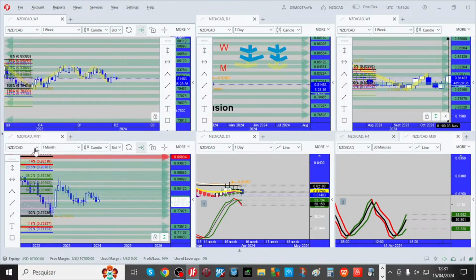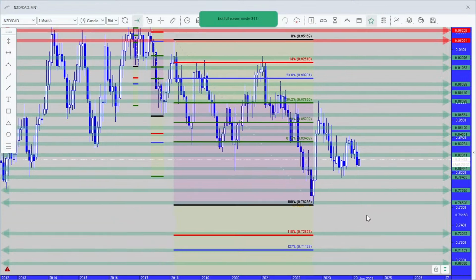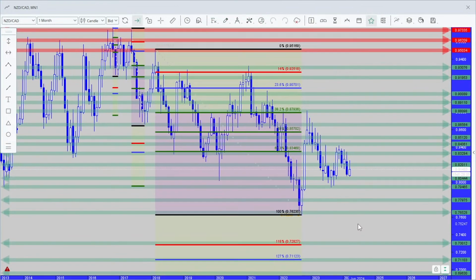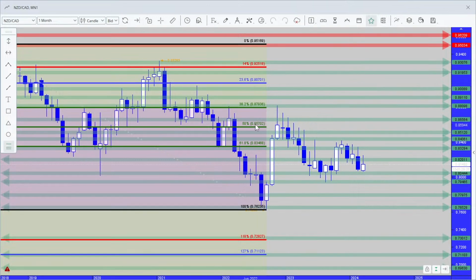and monthly this time. All right, we have the monthly going down. And if you want to chart the Fibonacci of the confirmation Fibonacci, there you go.